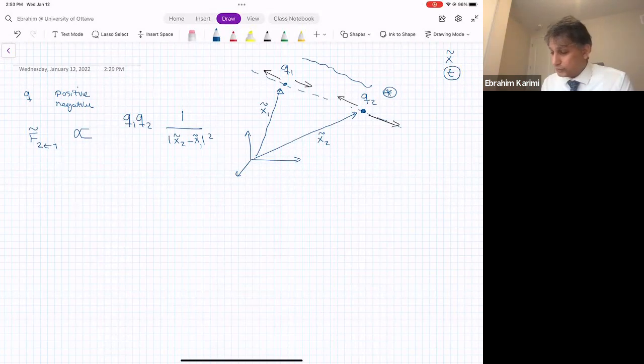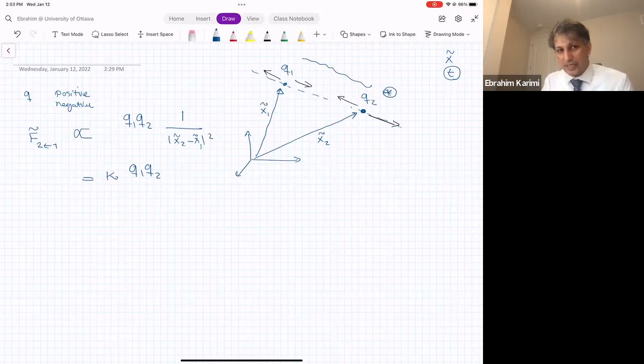And of course, we don't like to deal with proportionality, so we will make it equal by putting a coefficient here, k, q1, q2. And then we will also try to introduce the vector formalism here.